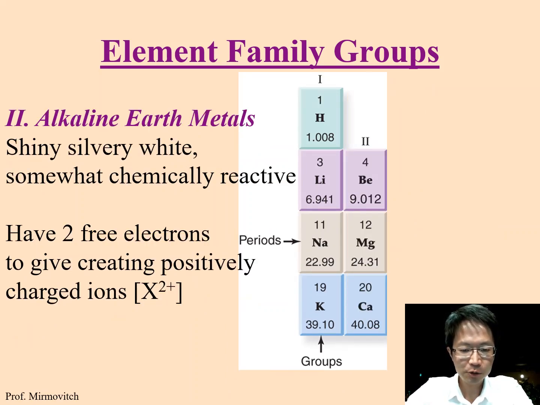And then group 2. Group 2 means that they have 2 free electrons on the outermost shell. We call it the alkaline earth metals, group 2.